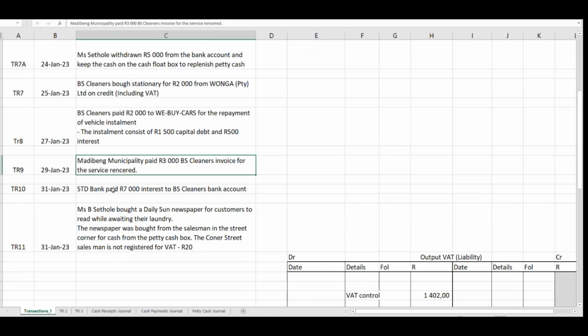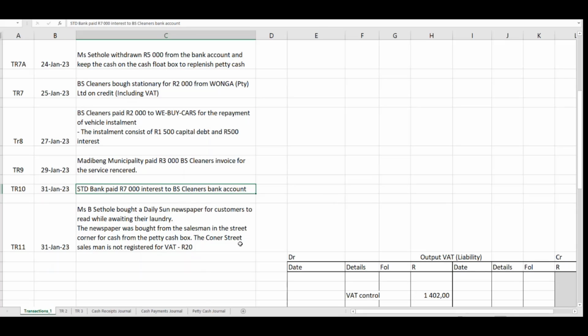And the next one is Standard Bank paid 7,000 rands interest to BS Plus bank account. We've received 7,000 rands interest. Cash receipts journal, cash payment journal, or cash journal? Who wants to give it a try? Tabo?